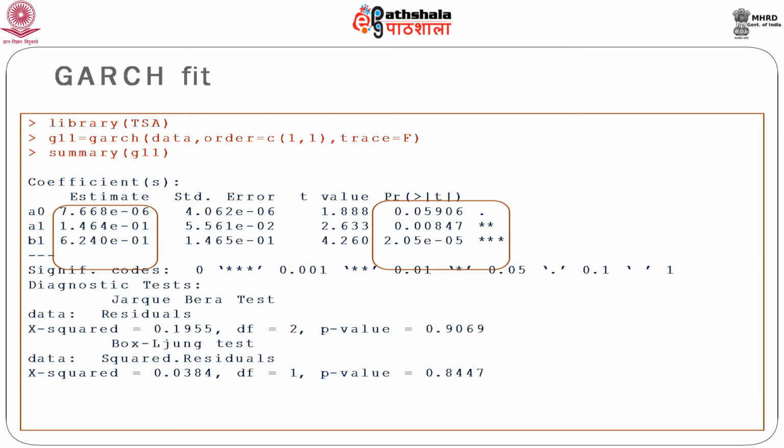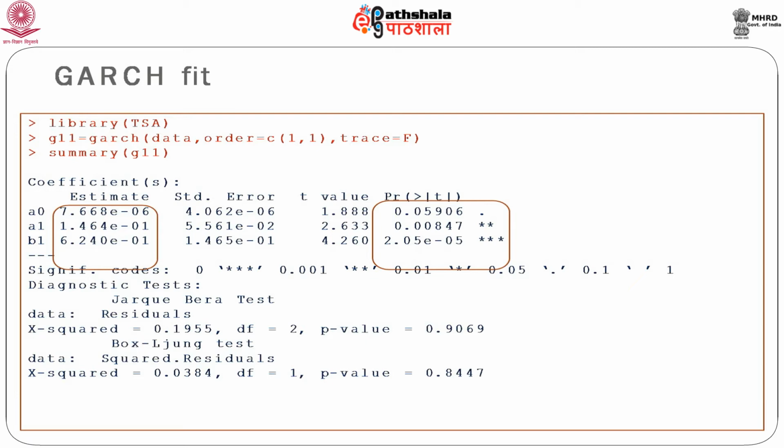That's the problem for GARCH fitting: there is no unique method available to estimate the parameters uniquely. So different methods will give you slightly different results, subject to comparison. But my intention here is not to compare the methods, rather I wanted to show you how to analyze the GARCH model.